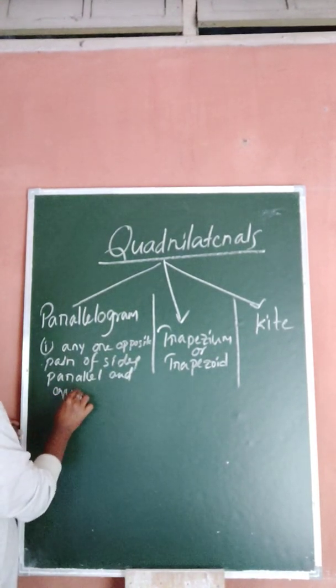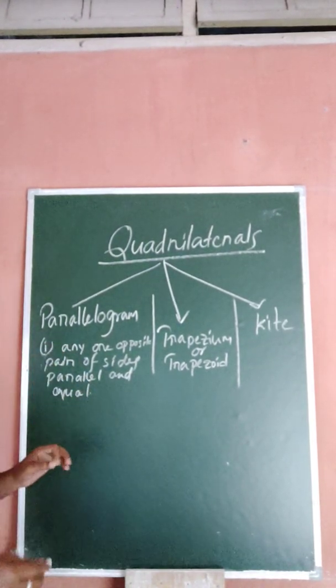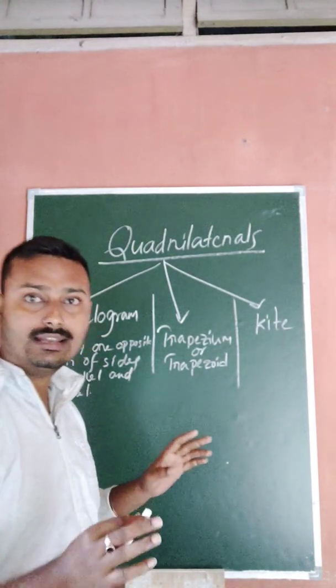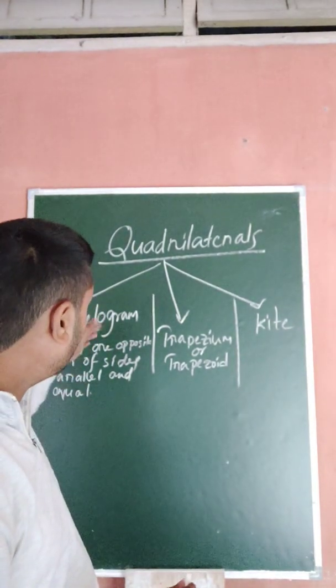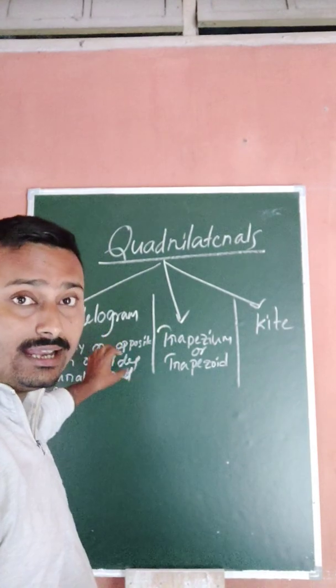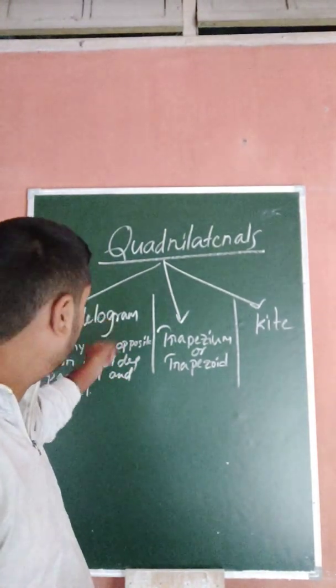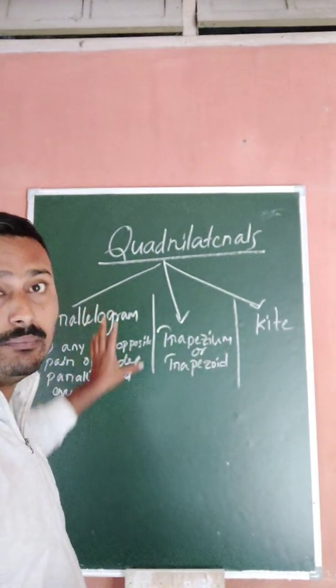That means in case of any quadrilateral, suppose any one opposite pair of sides is parallel and equal, then that quadrilateral must be a parallelogram.